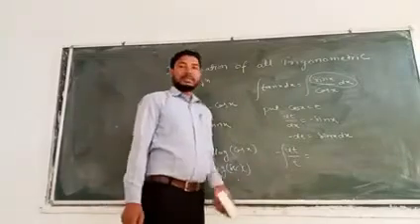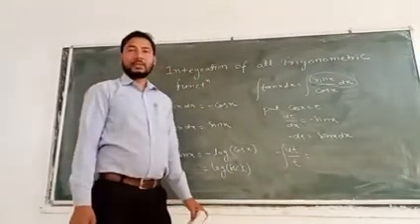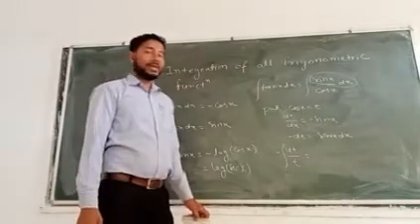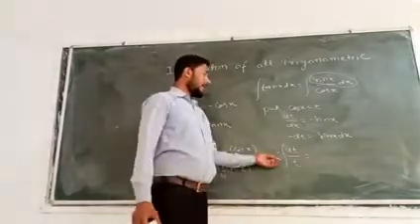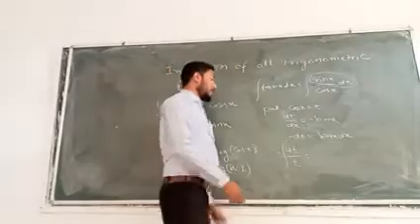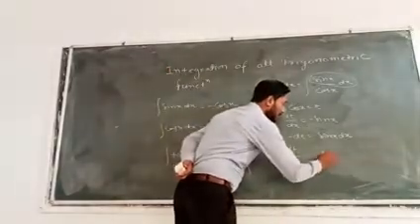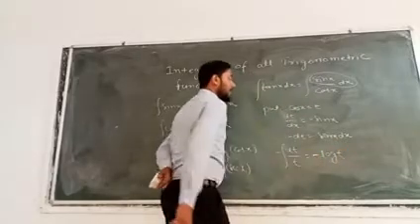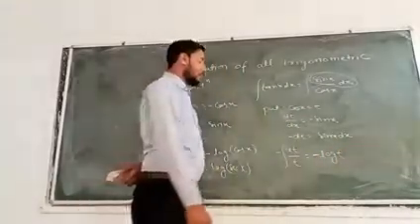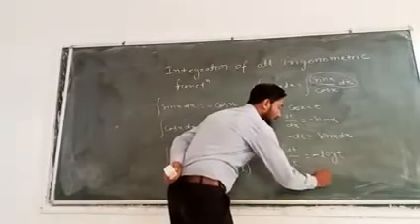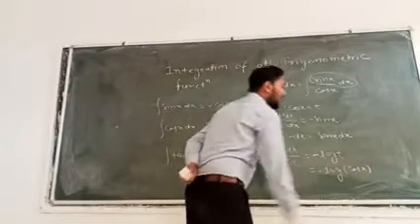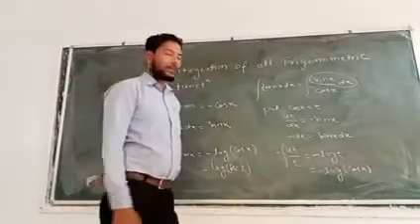From the integration formula, we know that the integration of dx upon x is equal to log x. Similarly, integration of dt upon t is equal to log t, with the minus sign. Now, putting the value of t, we find minus log of cos x, because the value of t is cos x.